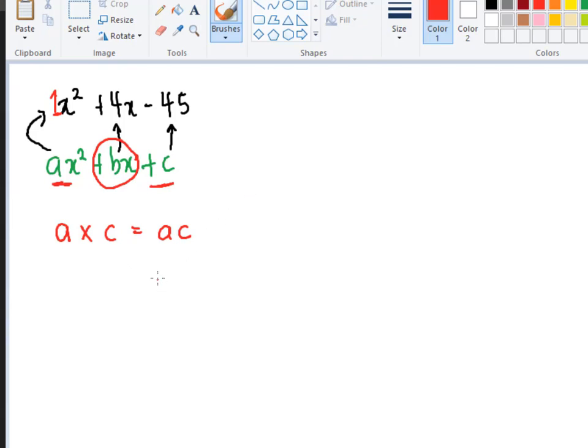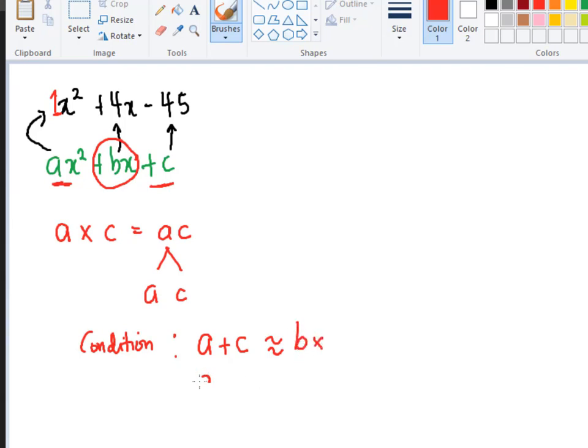Obviously, you are going to get some factors, and the condition here is that if we get some factors, let's say A and C, then when you add A and C, it should be equivalent to what you are going to get for the bx.